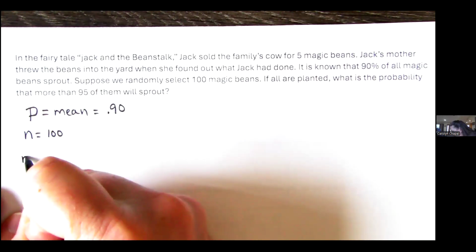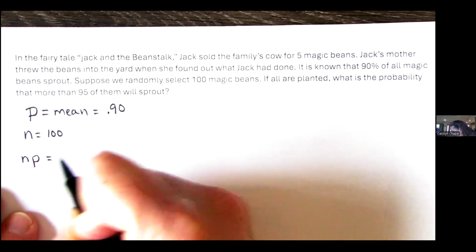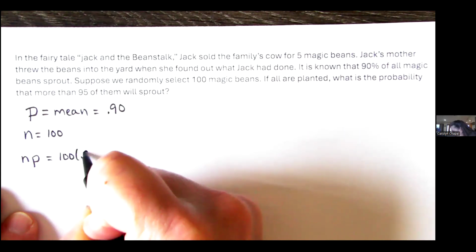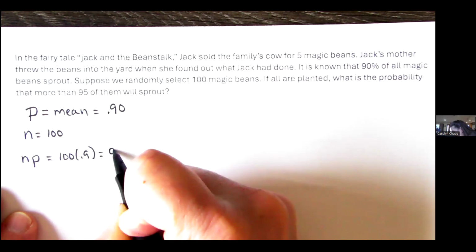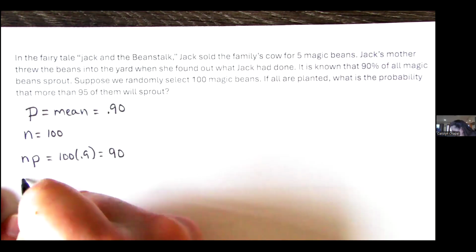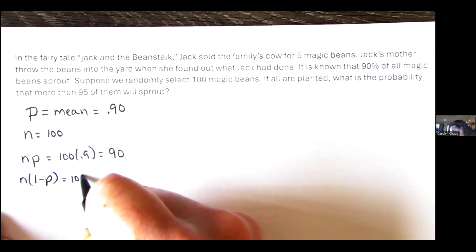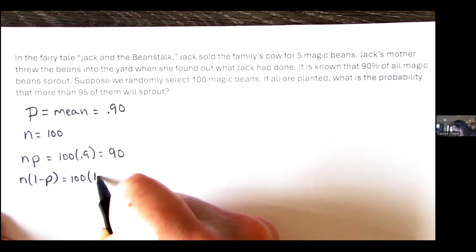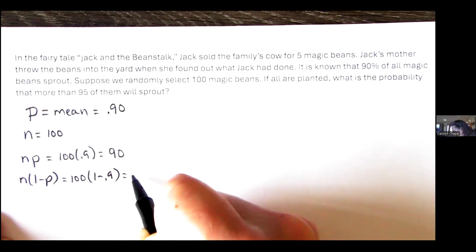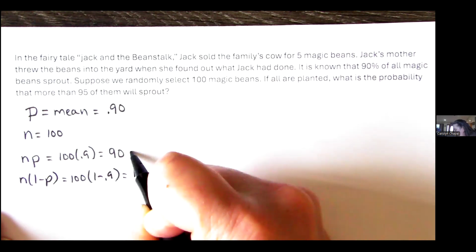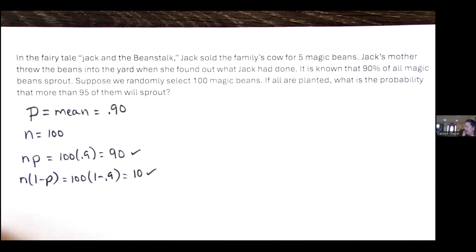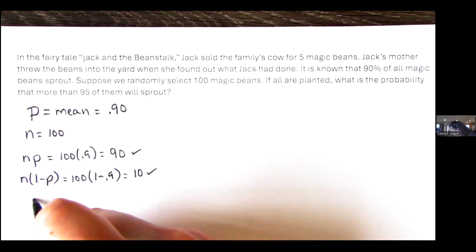If I take n times p, I get my 100 times 0.9, that's 90, and my n times 1 minus p, it's going to be my 100 times 1 minus 0.9, which is going to be 10. Both of them are bigger than or equal to 10, so it is going to be normal. So we can use the normal.